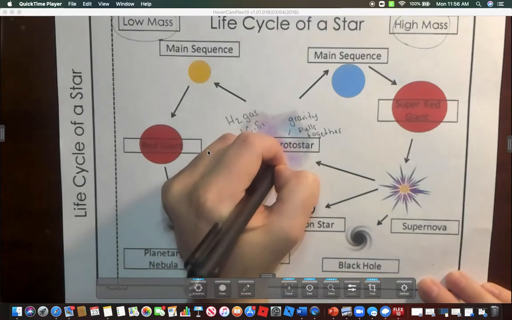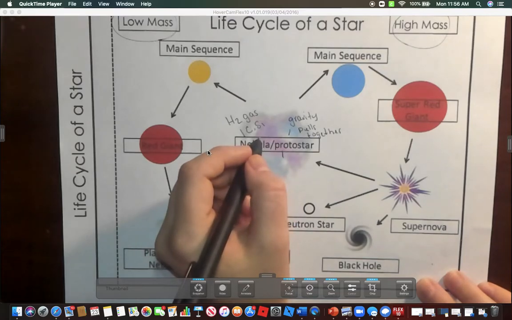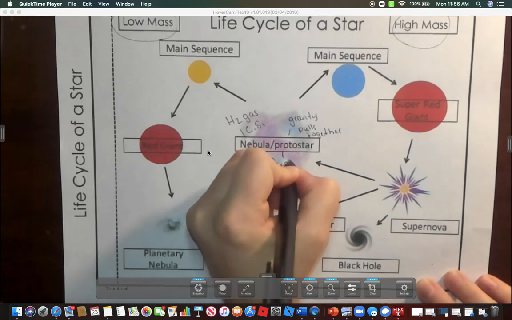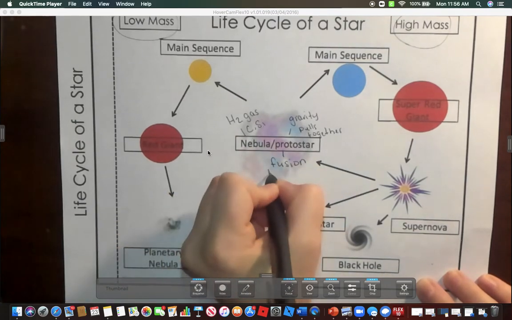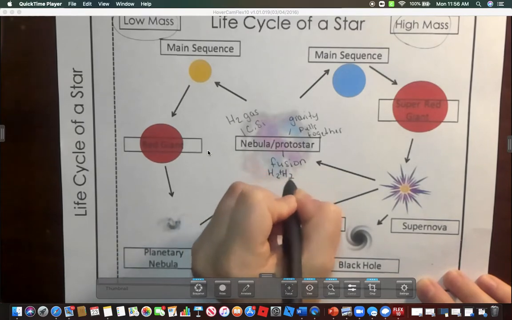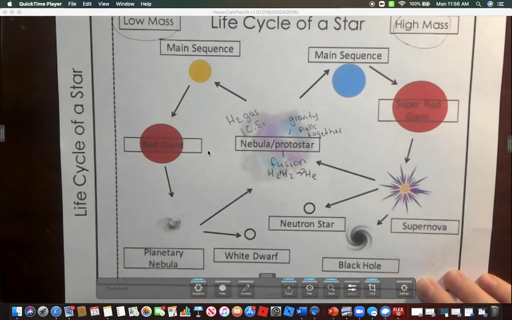When we have our protostar, fusion begins, and those hydrogen gases are going to start fusing into helium gas. Okay? Helium gas. And when fusion happens, we become a real star.